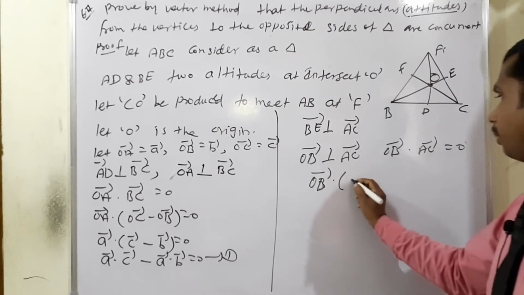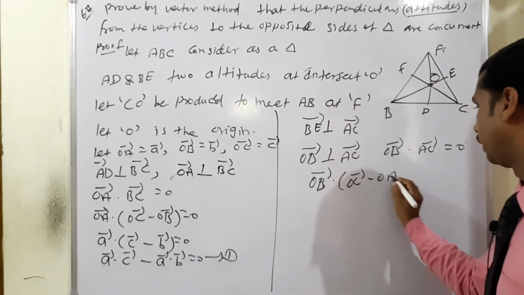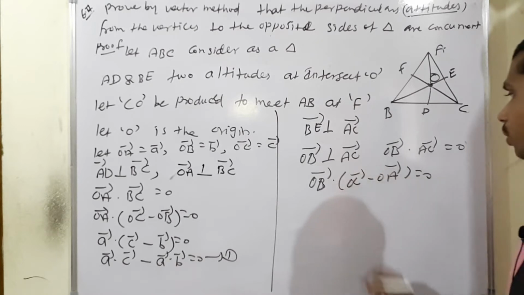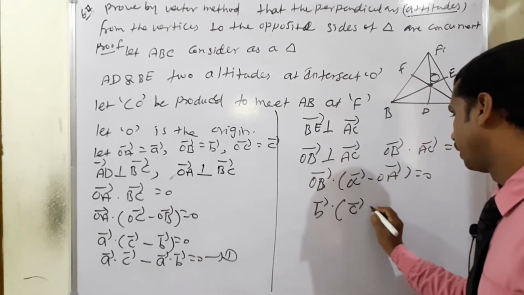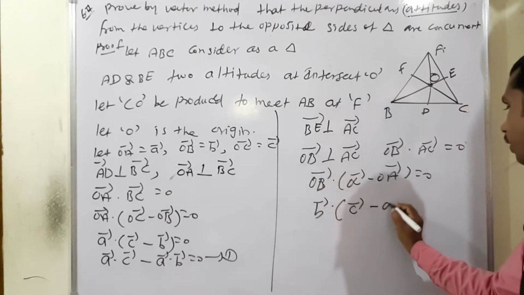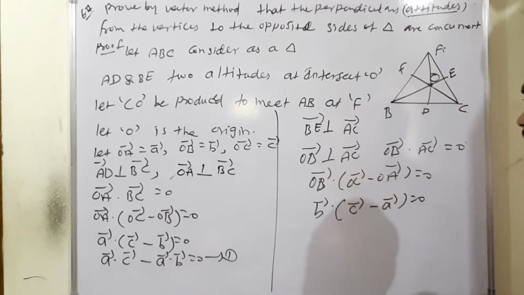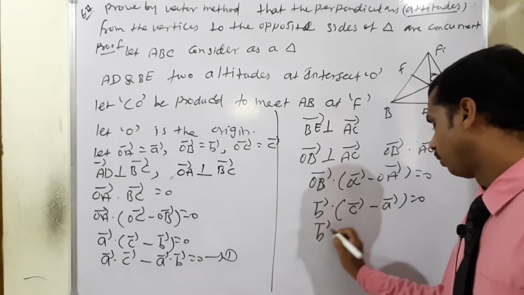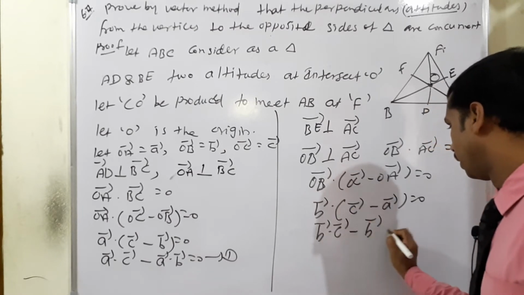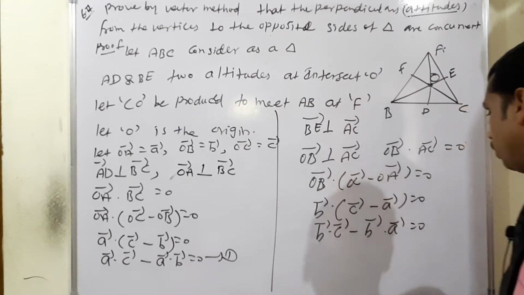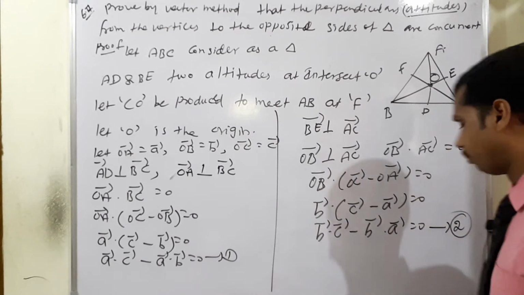Ending point minus starting point. Therefore, OC vector minus OA vector. So OB vector means B vector dot (C vector minus A vector) is equal to 0. Again, if you remove the bracket, B vector dot C vector minus B vector dot A vector is equal to 0. This is considered equation number 2.